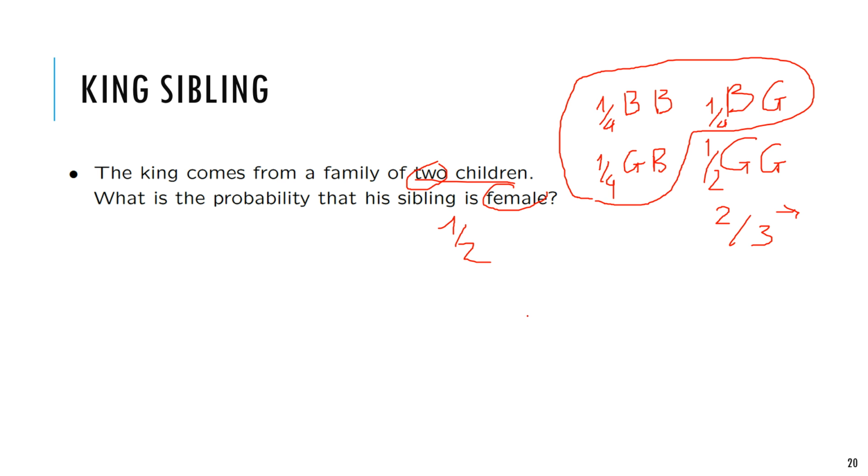The probability of his sibling being female, it means that under the condition that the King is a boy, it's just 2/3 that it is a girl.